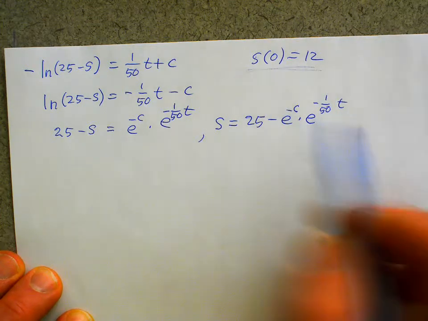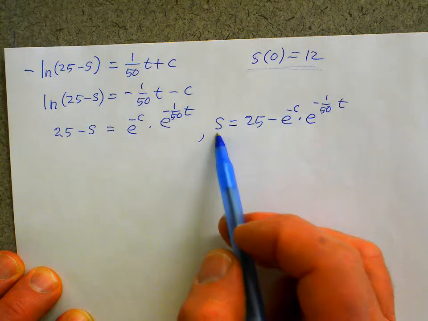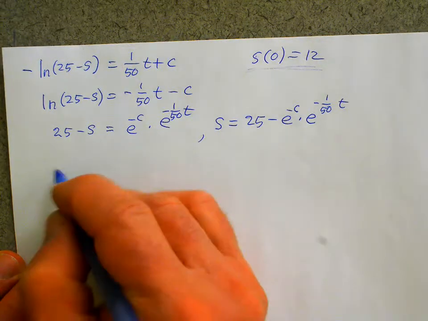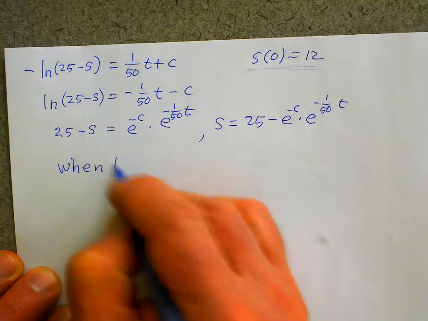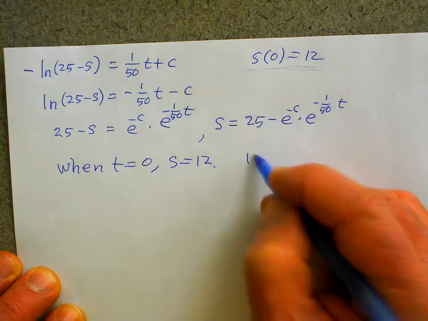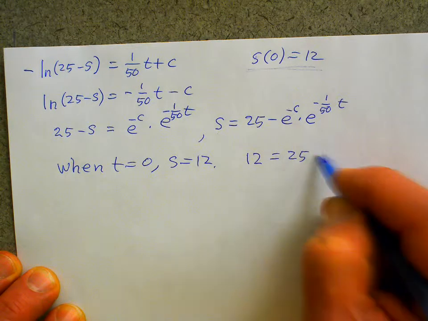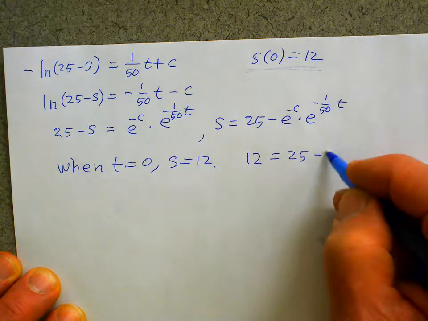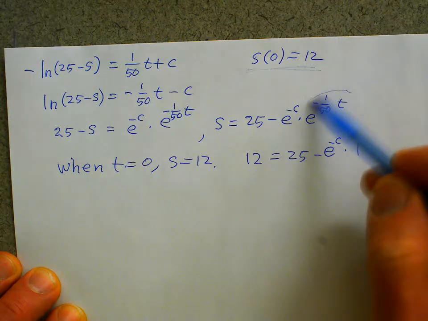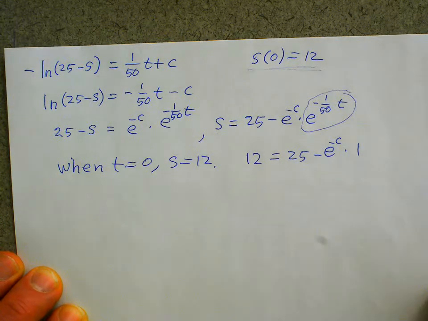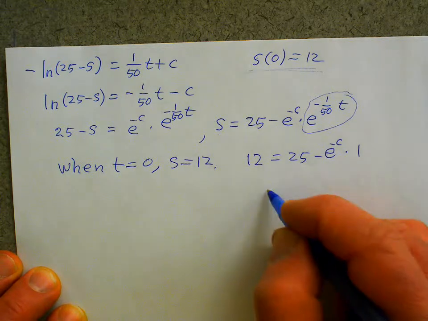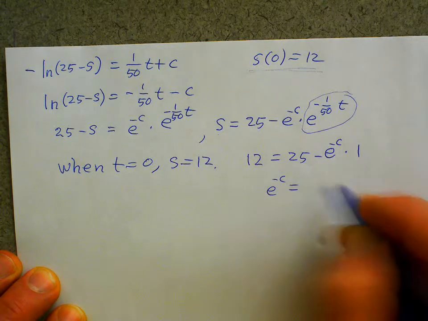So when t is 0, this quantity is 12. So when t is 0, s is 12. So we get 12 equals 25 minus e to the -c times 1. When t is 0, this term is 1. So from this, we see that e to the -c is just 13.